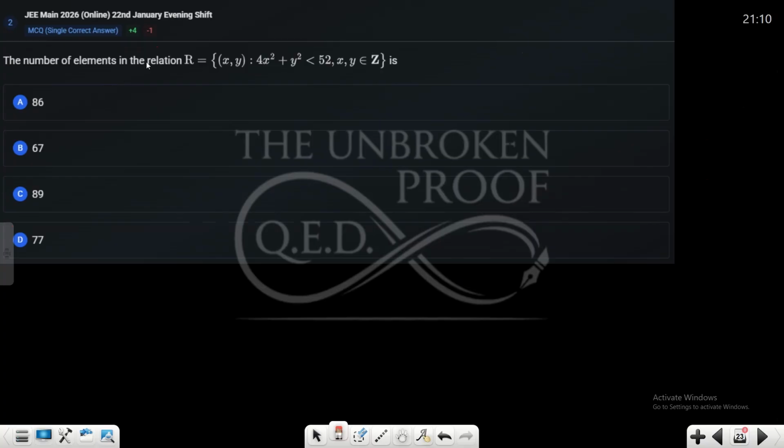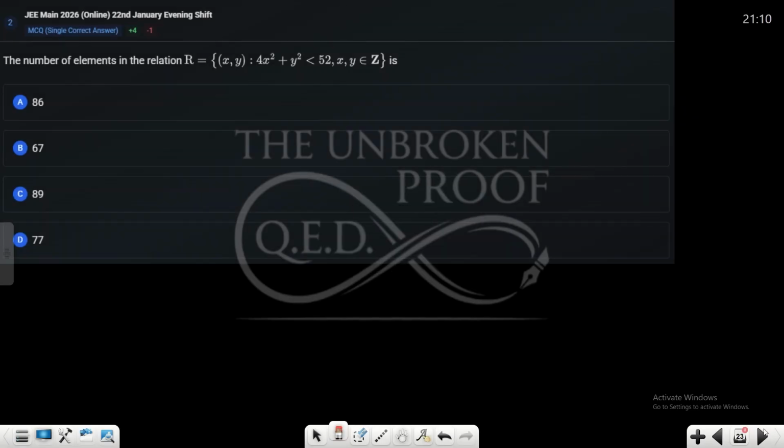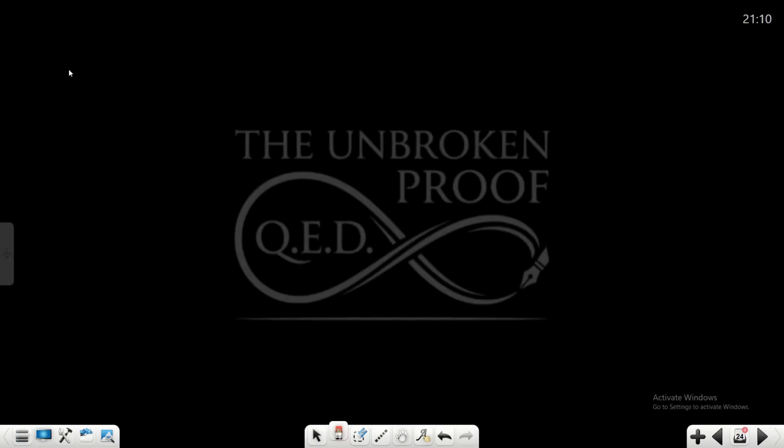The next question says the number of elements in this relation is, and they are given 4 options. So let us see how we can do this. Now if you see the inequality says 4x square plus y square is less than 52.